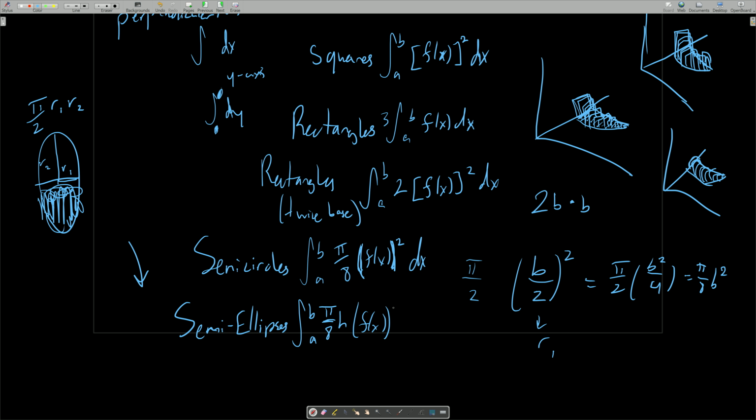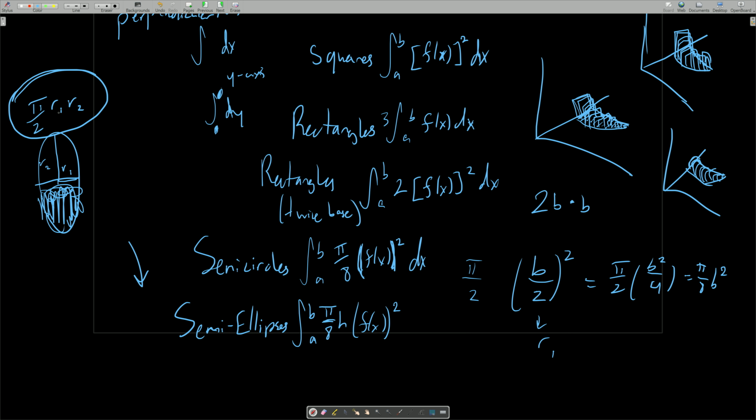And this could be squared, or it could not be squared, depending on the problem. If you just have a set height, like 3 or 2, then this would not be squared. Because remember, you need to think about this formula here when you're deciding how to make this semi-ellipse formula.